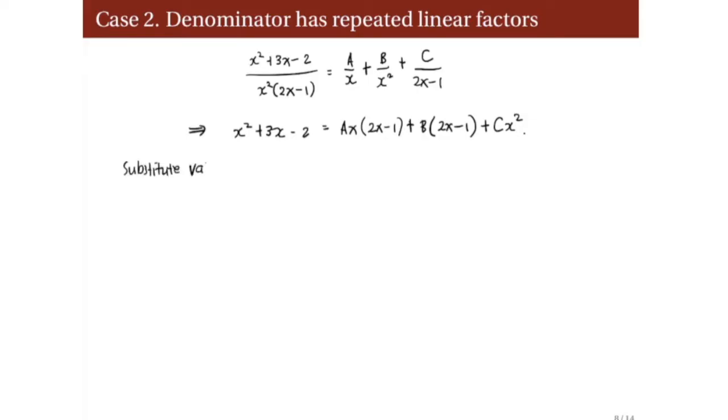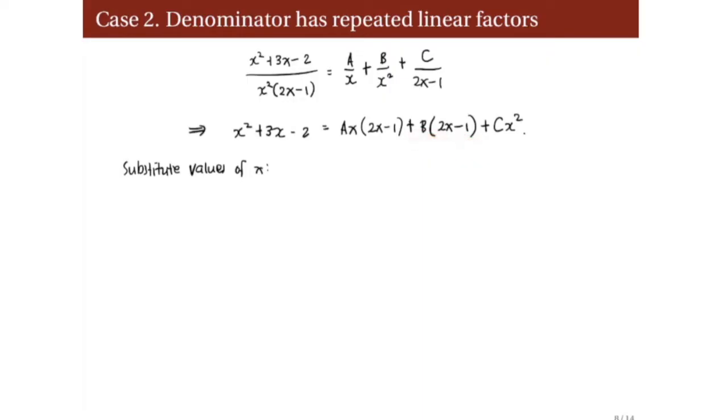If you substitute values of x, notice here na merong factor na x kasama si a. So, pag nag-let ka ng 0, mawawala tong part na to. Tapos mawawala rin yung cx squared kapag nag-let tayo ng x na 0. Which means matitira lang yung term na may b.